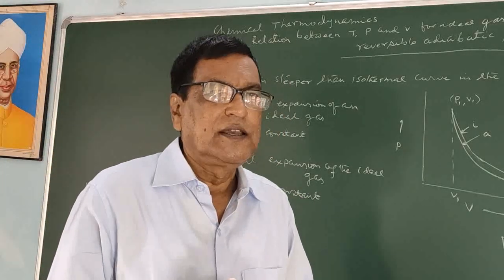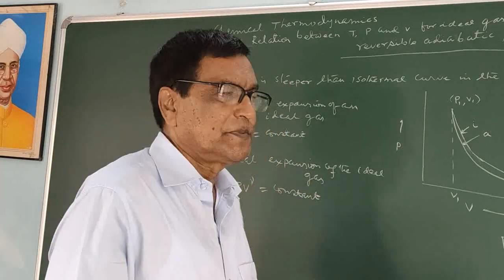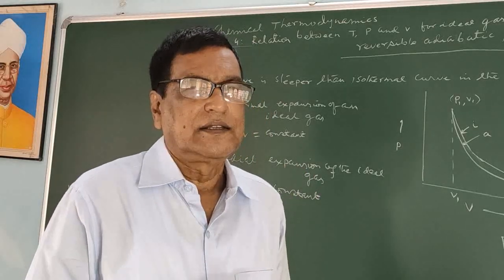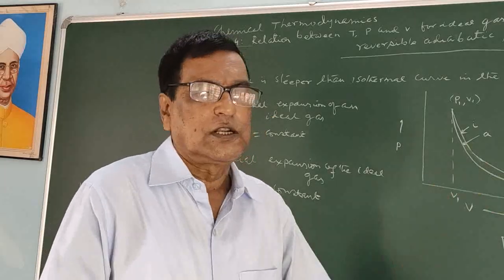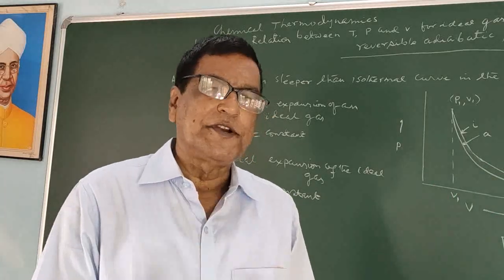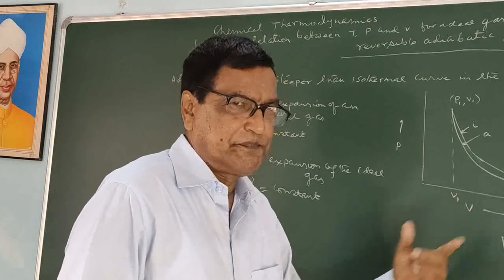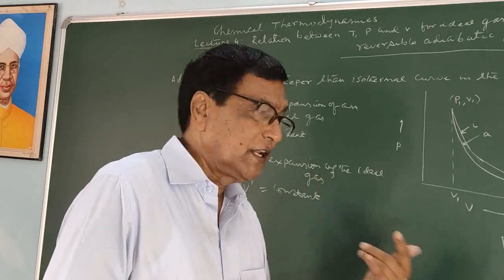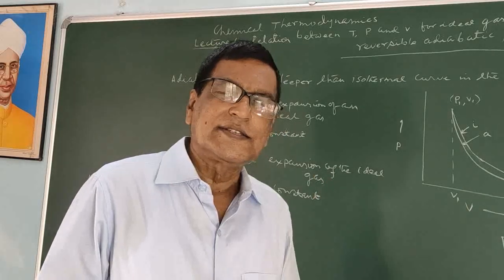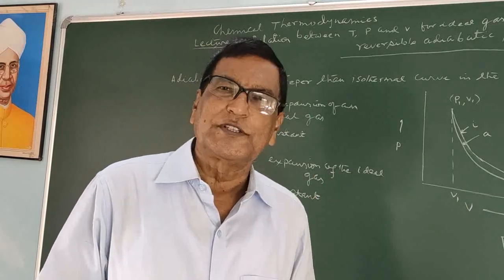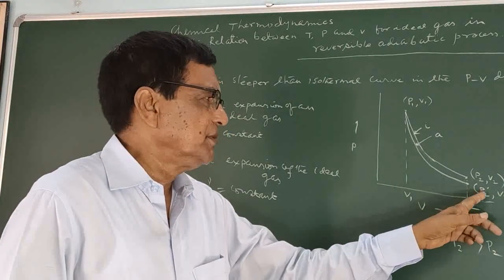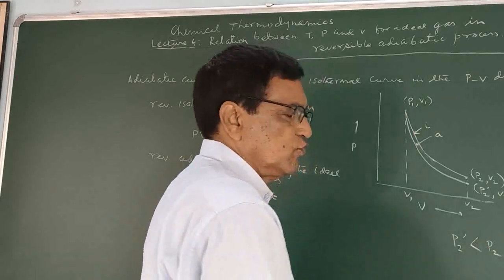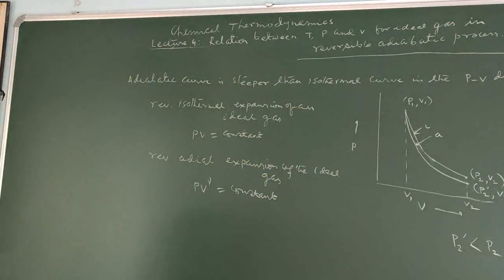The final temperature in adiabatic expansion is less than it would be for the isothermal process. So whenever the temperature falls, for the same volume change, the final pressure of this ideal gas for the reversible adiabatic process also becomes less. P2 dash is less than P2.